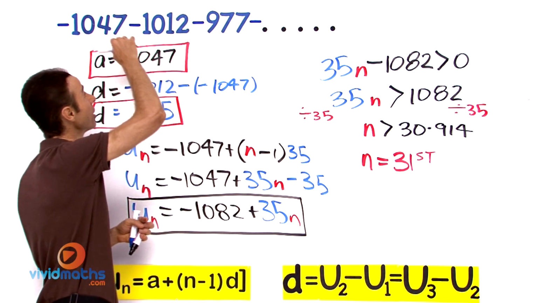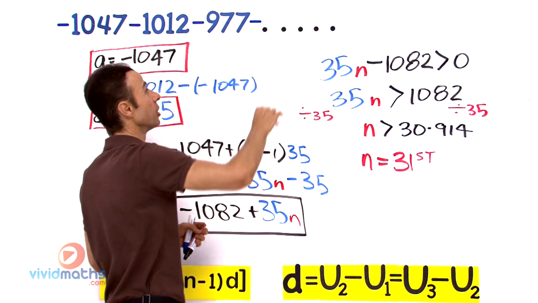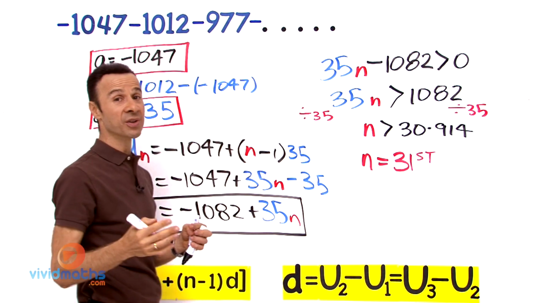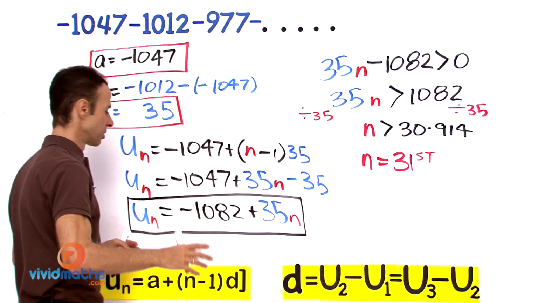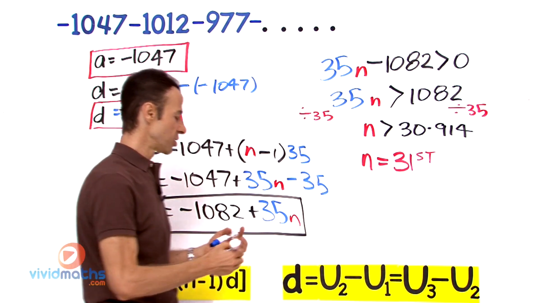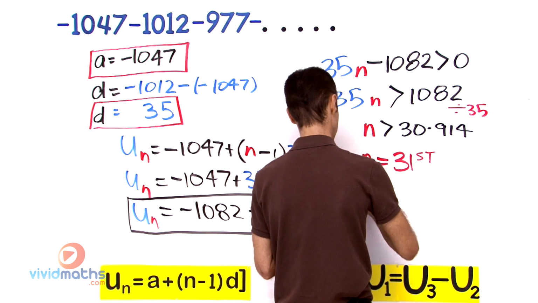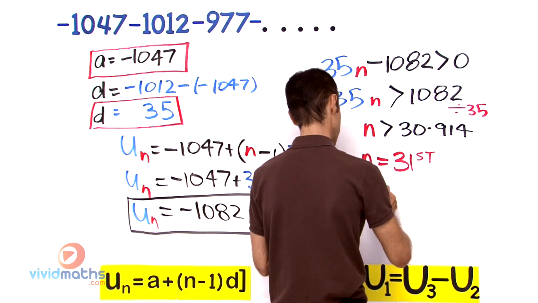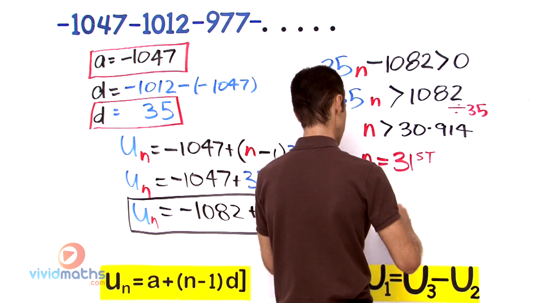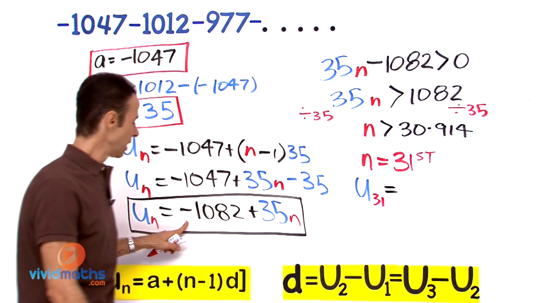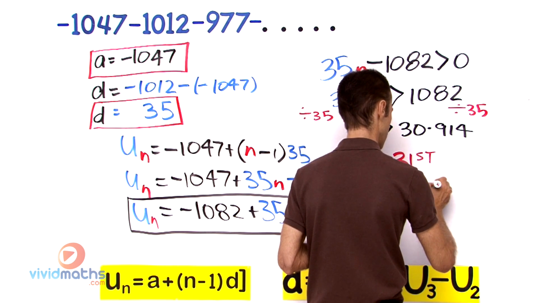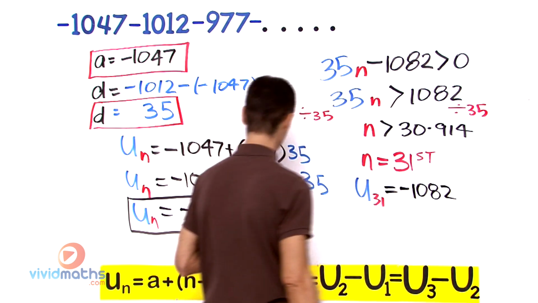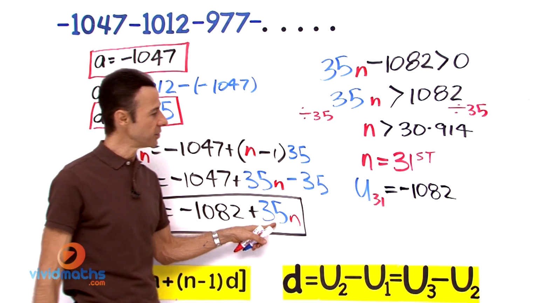If we continue along here, at the 31st term we're going to end up with a positive number. What's that number? We take the 31 and put it into the general term. So u_31 is equal to negative 1082 plus 35 times 31.